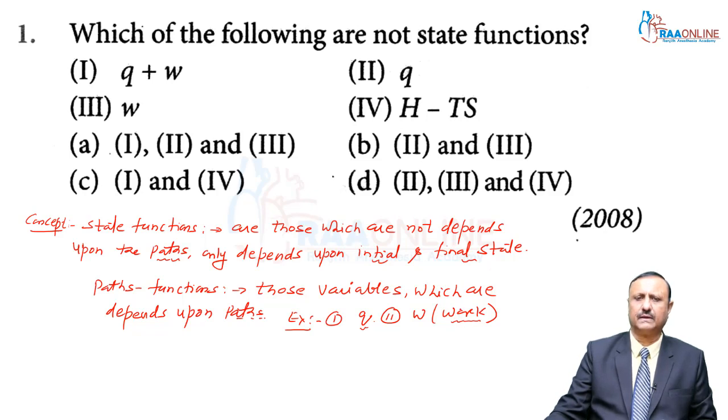That is why it depends upon the path. So work and heat are examples of path functions, not state functions. So, my dear students, question number 1, which was asked in NEET 2008, the answer is B. B is the correct answer.